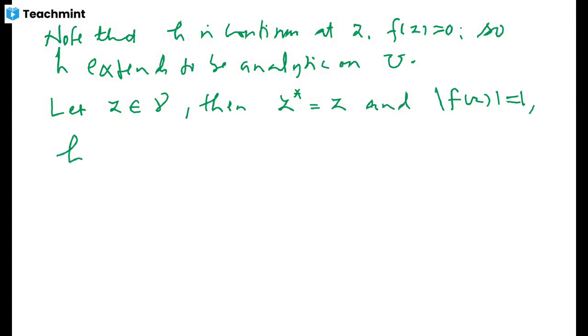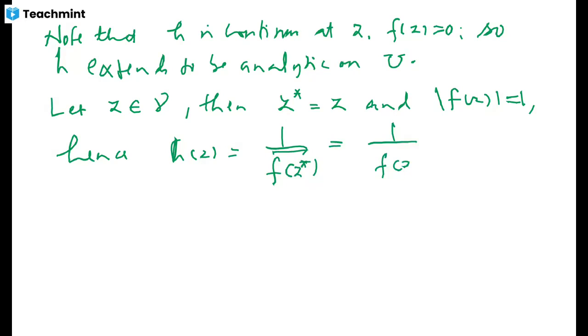Hence h(z), which is defined at this point, is the conjugate of f(z star), but this z star is equal to z, so this is the conjugate of f(z). You multiply it by f(z) and divide by f(z) also. It will not be 0 because its modulus is 1, and on the numerator you are left with f(z), and the denominator will be mod f(z) squared, and the modulus is 1, hence this is equal to f(z).